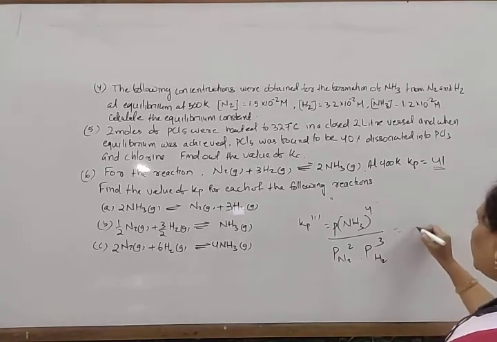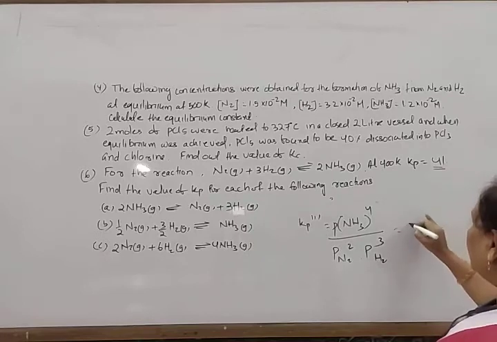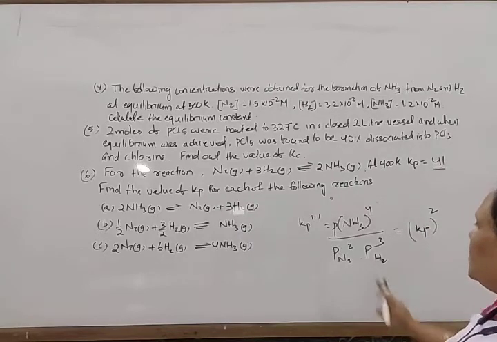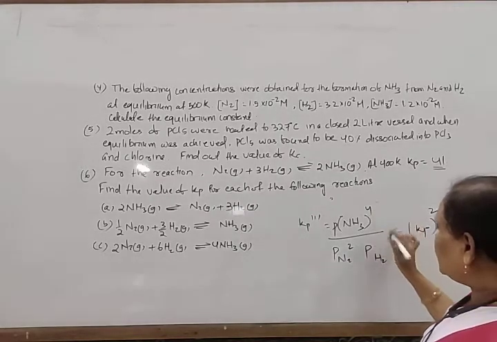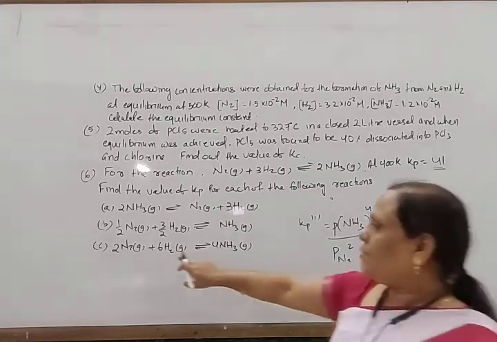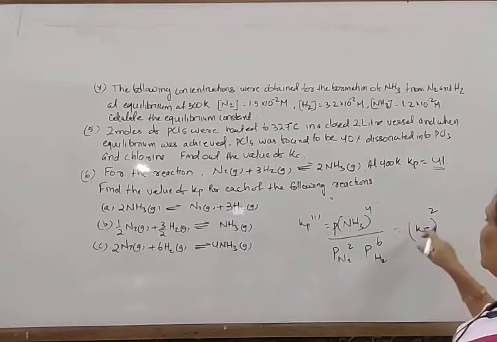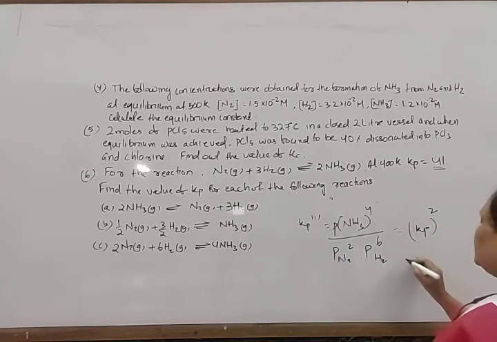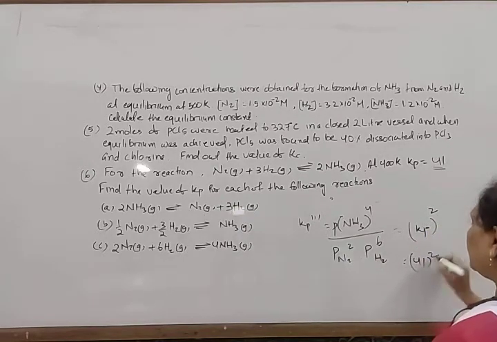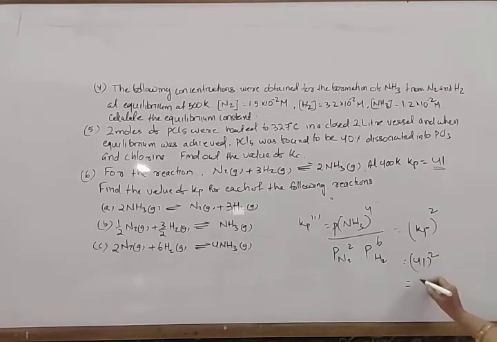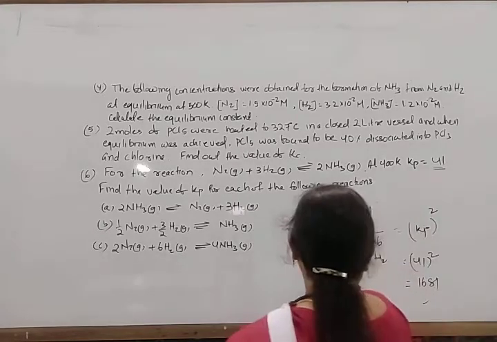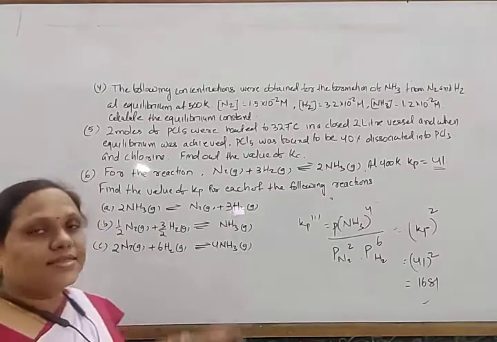So this is equal to Kp squared, that is 41 squared. If you multiply, it is 1681. So here the Kp triple dash value is 1681.